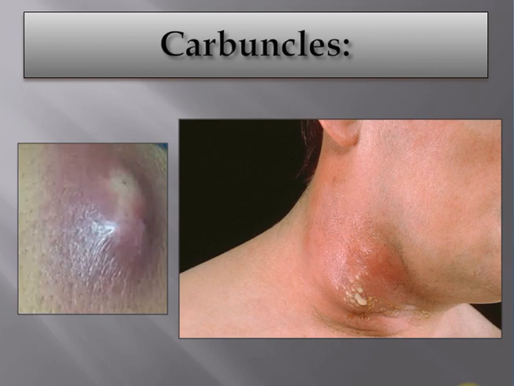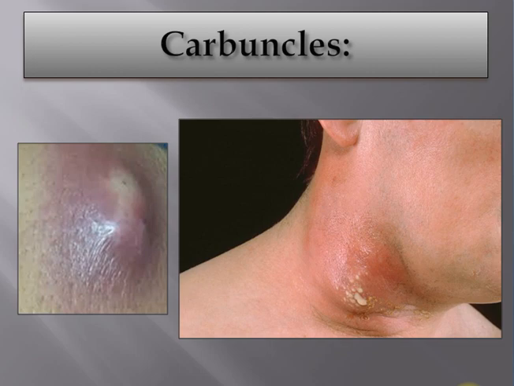Systemic symptoms are usually present and regional lymphadenopathy may occur. They can arise in any hair-bearing location of the body; however, they are most common in areas with thicker skin such as the face, nose, ears, posterior neck, back, and other parts of the body.